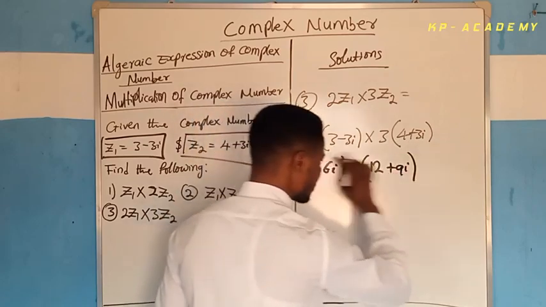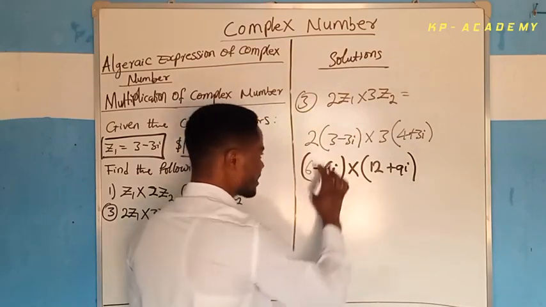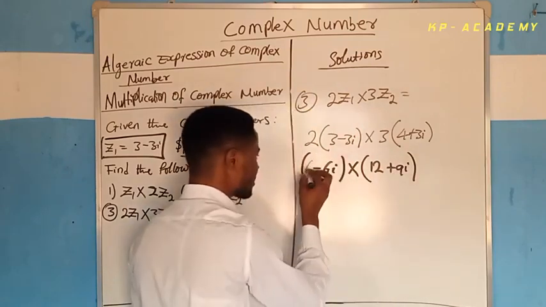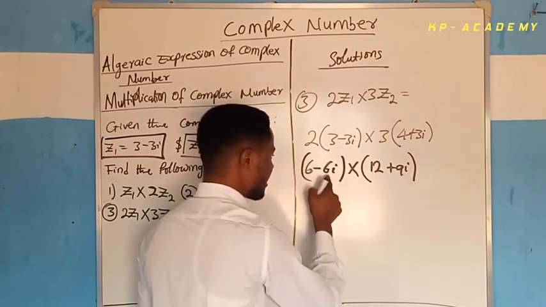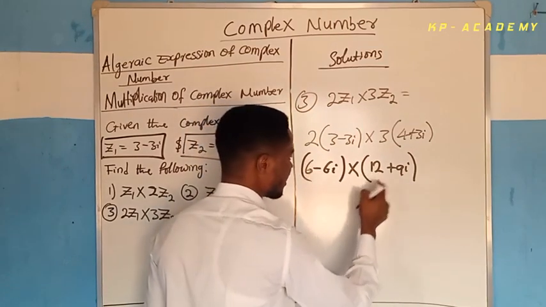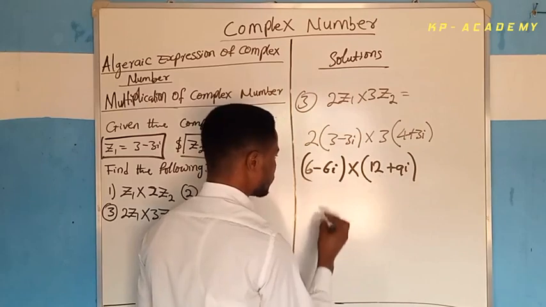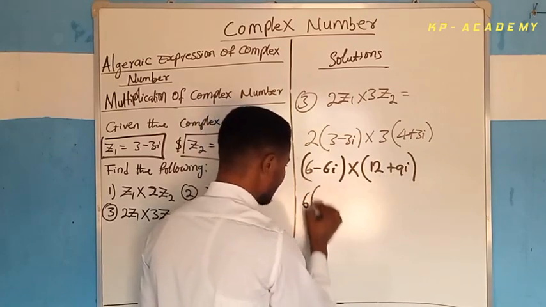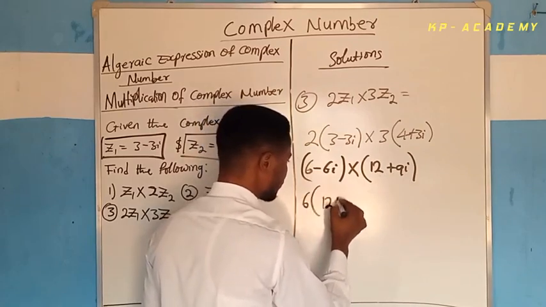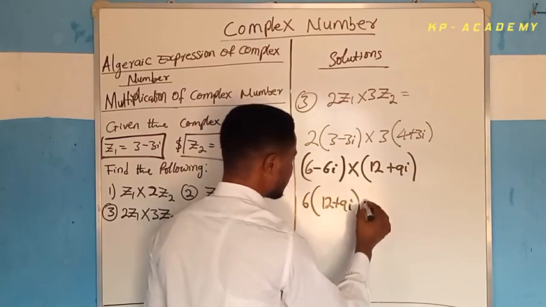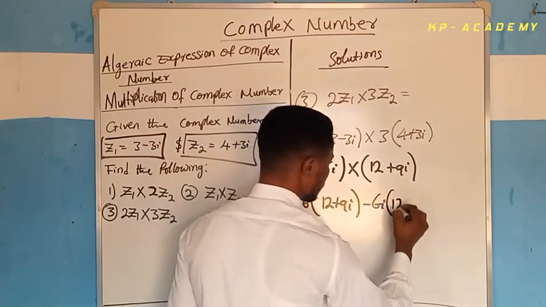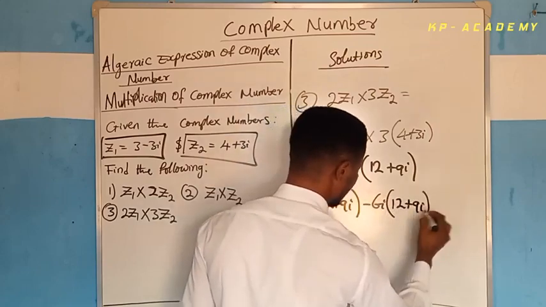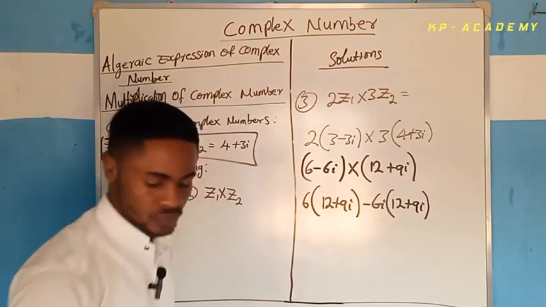Now we still multiply, such that this 6 multiplies this 12 and 9i, and this minus 6i multiplies this 12 and 9i. So we have 6 into 12 plus 9i, minus 6i into 12 plus 9i.